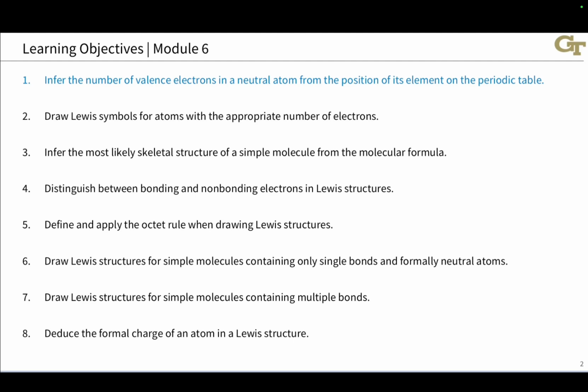We have a system for assigning charge to an atom. That system is known as the formal charge, quote unquote. And we'll learn how that works and be able to identify formal charges, assign formal charges ourselves by the end of this module. So the general goal here is to give you a comfort and familiarity with drawing and especially interpreting Lewis structures that you come across in your introductory chemistry courses.